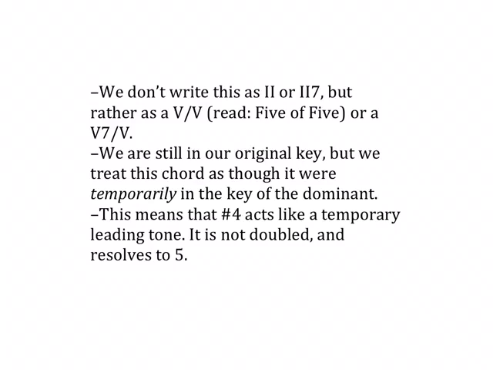So to repeat the points that I was making here, we don't write this as a major 2 or a major 2/7, but we write these as a 5 of 5 or a 5/7 of 5, or in the case we just used, it was an inversion, so we called that a 5/6/5 of 5. We're still in our original key, E flat, but we treat this special chord as though we were temporarily in the key of the dominant.